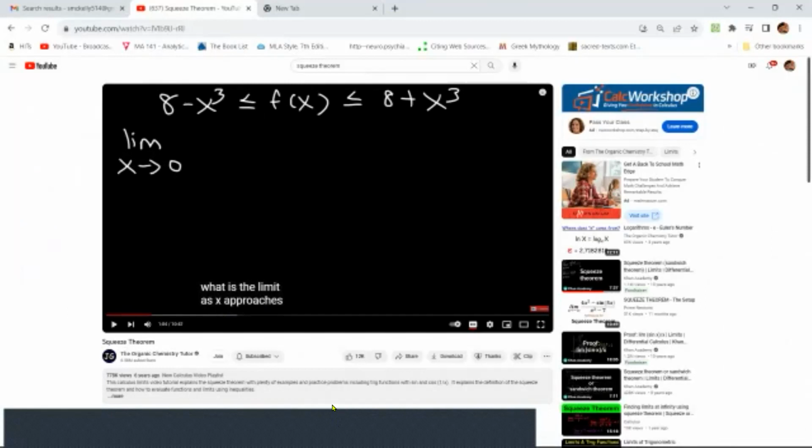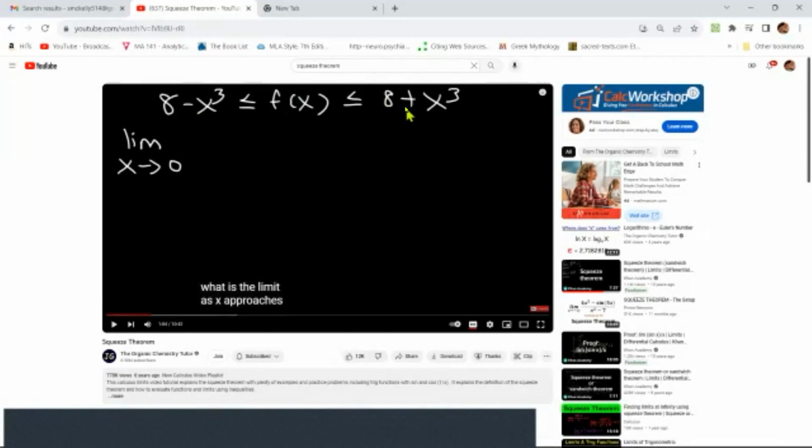It's like glitching. So he's building up to a larger proof here. He's given you a function on this side, 8 minus x cubed, and another function over here, 8 plus x cubed.